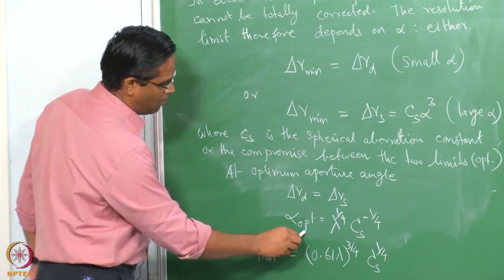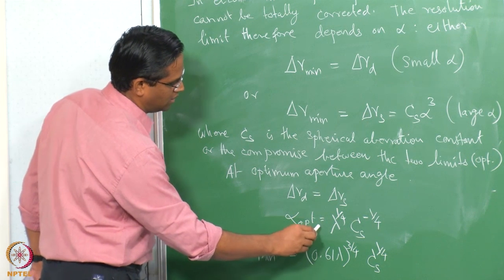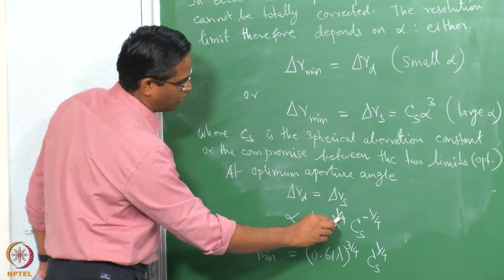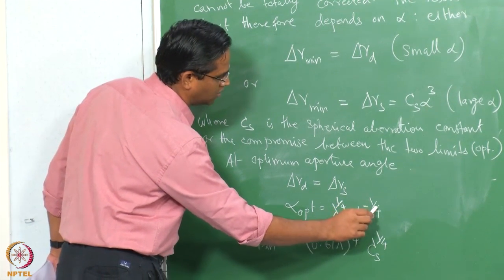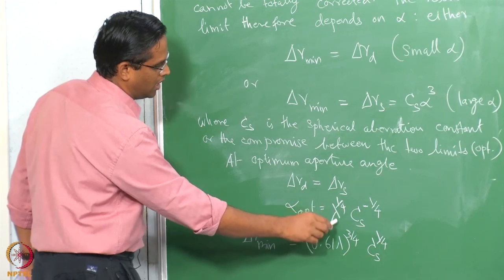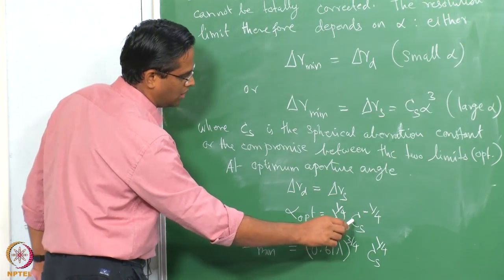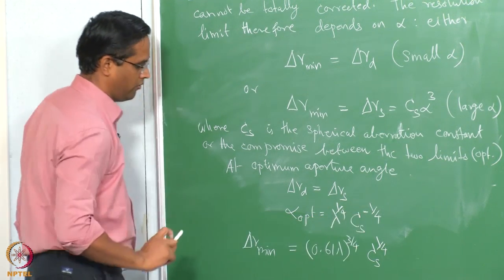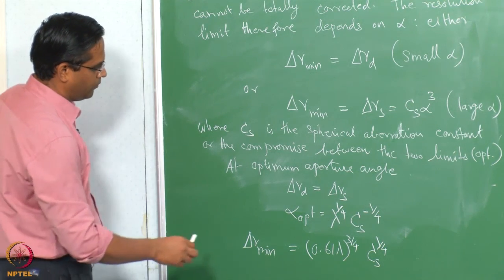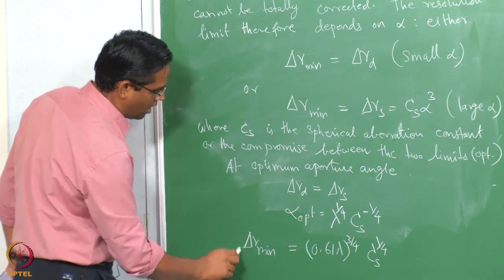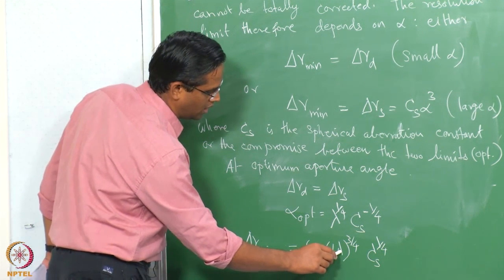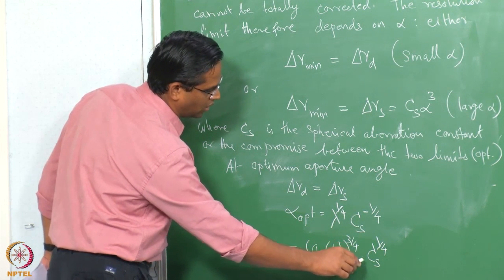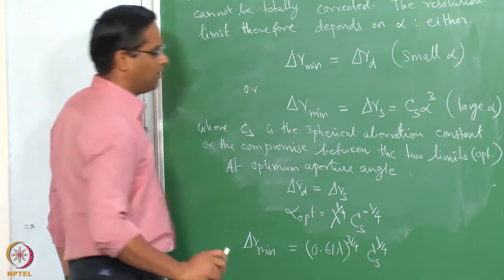Then alpha opt you can write is equal to lambda to the power 1 by 4 times Cs to the power minus 1 by 4. That means lambda to the power 1 by 4 divided by Cs to the power 1 by 4. And then if you write delta R minimum, it is equal to 0.61 lambda to the power 3 by 4 into Cs to the power 1 by 4.